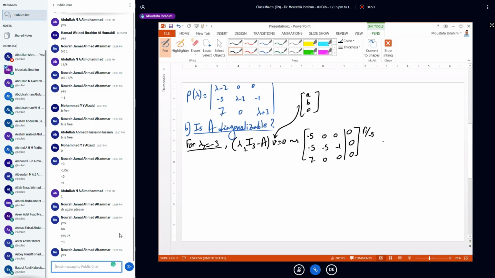R1 divided by minus 5: 1, 0, 0, 0, negative 5, negative 5, negative 1, 0.